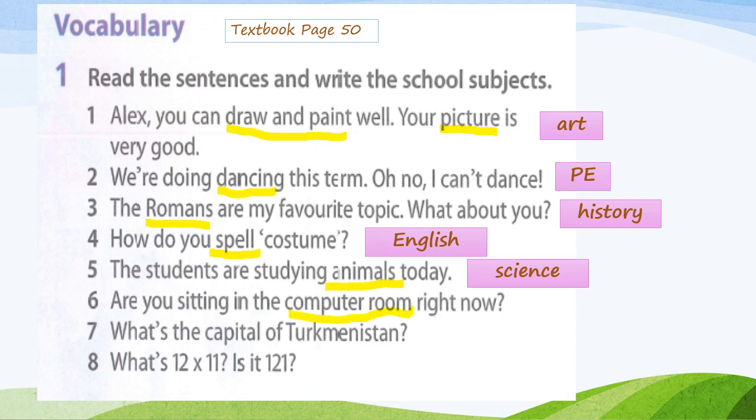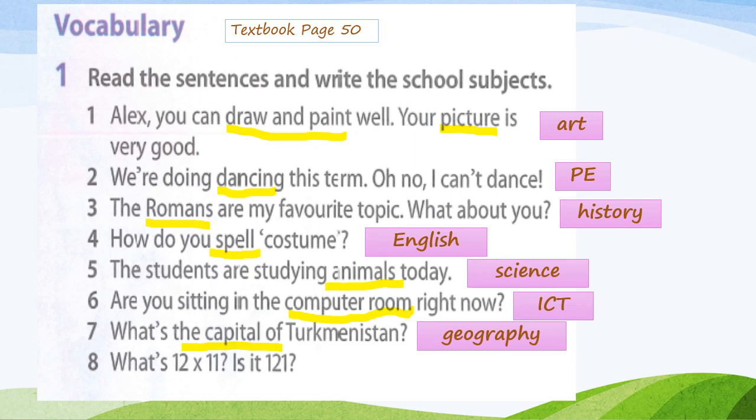So which subject do you think it is? Correct, ICT. What's the capital of Turkmenistan? All right, if I pronounce that correctly. The capital of means the main city. For example, Kuala Lumpur is the capital of Malaysia. So the capital of Turkmenistan, that is geography.